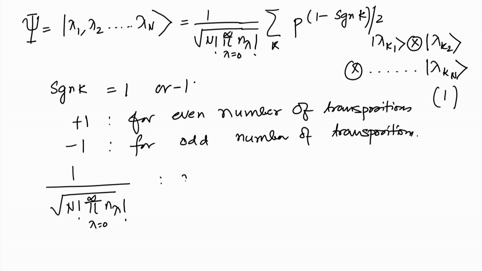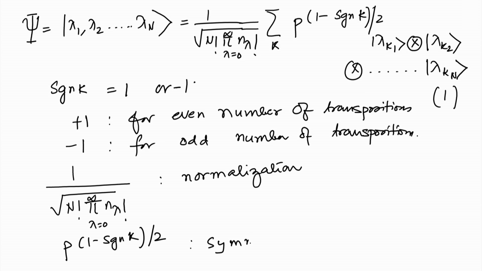So, this is our normalization factor, and this normalization factor normalizes the many body wave function psi, which is written on the left hand side of equation 1, and this quantity, which is P to the power 1 minus sgn k divided by 2, symmetrizes the wave function.